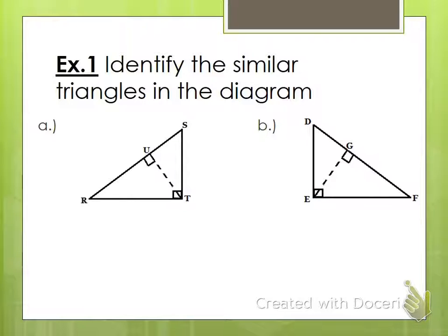If you want to say if S is 60, then R would have to be 30, that's fine. I just didn't want us to assume that they were going to be congruent. So you could say S is 80 degrees and R is 10 degrees. We don't know, but if it helps you match up your angle pairs, you can label them with numbers temporarily. Just don't get too attached to them.